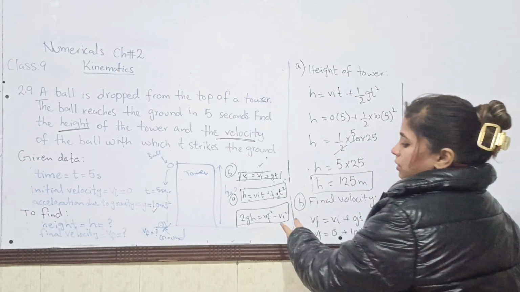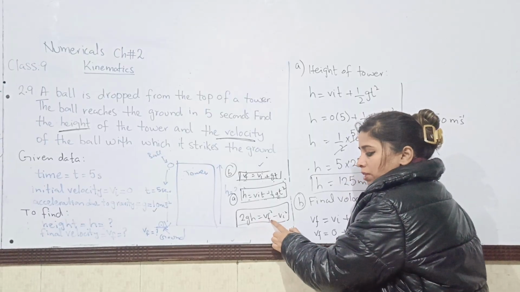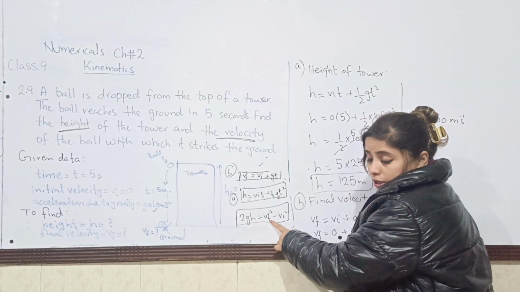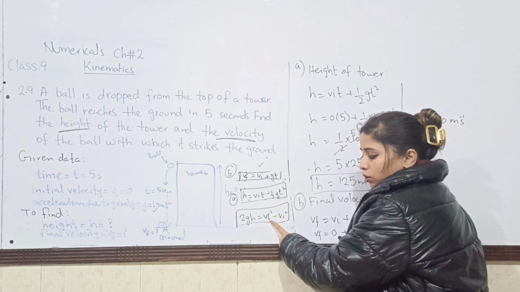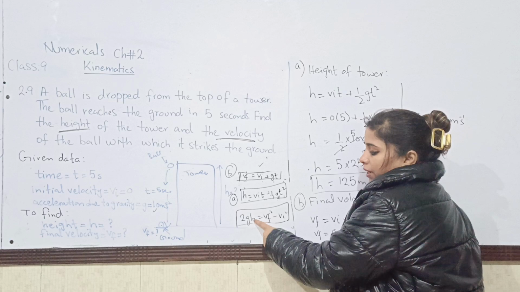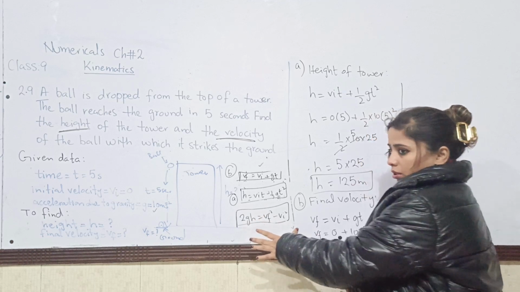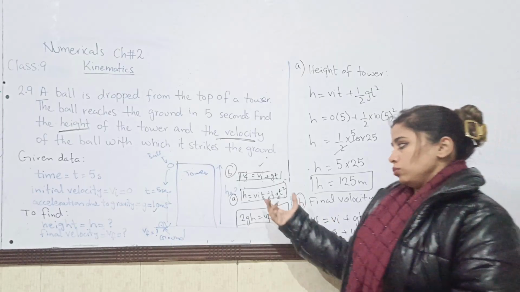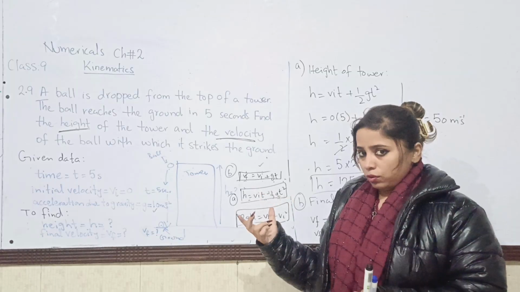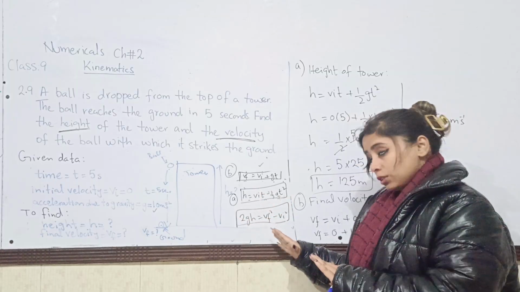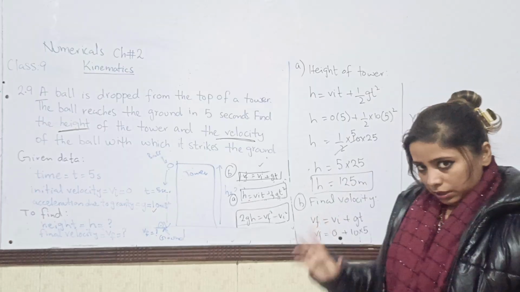You have to find the final velocity first. Then you can put the final velocity value over there, and you can find the height of the tower by using this equation. Otherwise, you have to use the other equation.